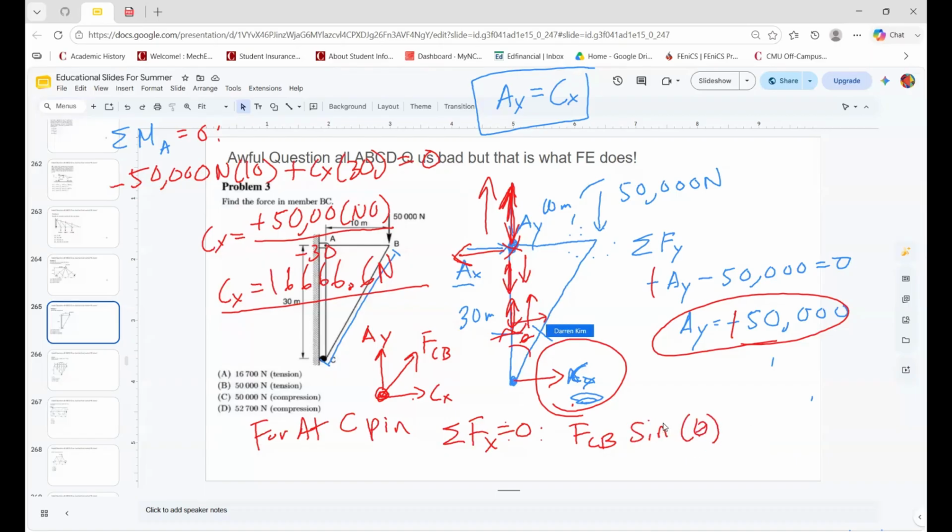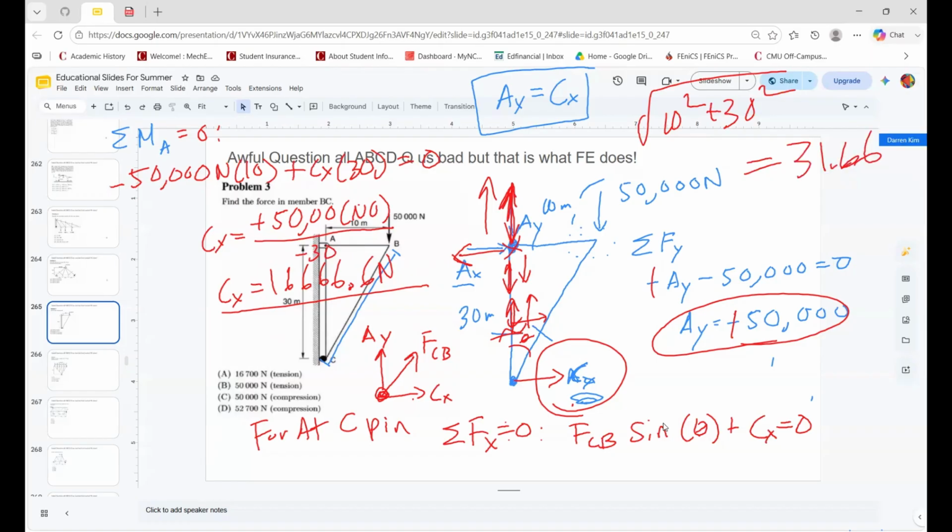Because it's this way. And then plus CX equals 0, right? And then I need to get the square root of 10 squared plus 30 squared. I don't know what that is. On second thought, the square root of 10 squared plus 30 squared is about 31.6. So we could say CB equals 31.6, right?